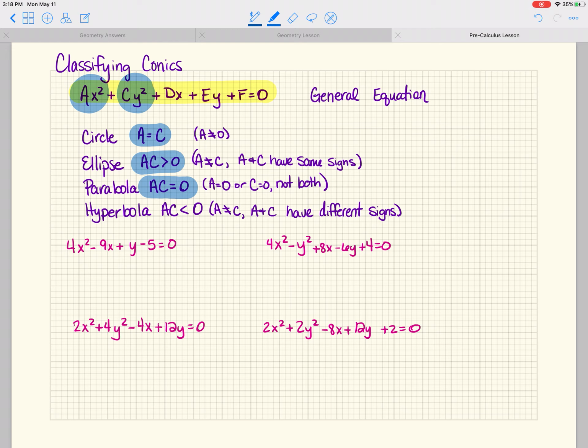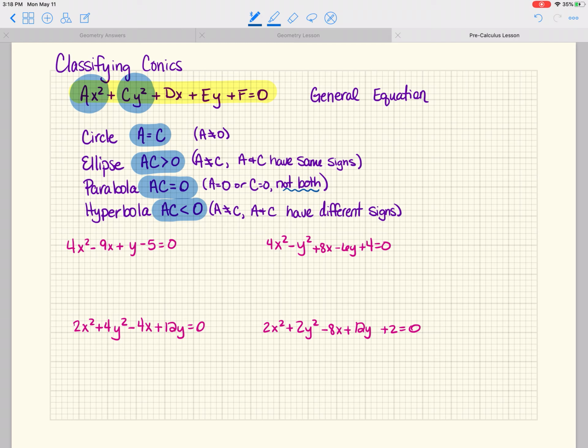By the way, if they are both missing, then we would have a line, so it can't be both, it has to just be one. And finally, if a times c is less than 0, meaning they have different signs, that's the clue that we're going to have a hyperbola.